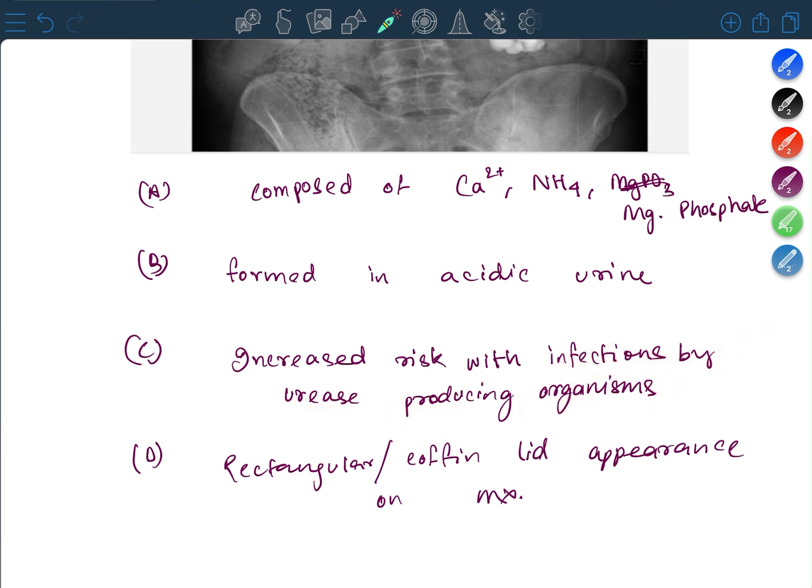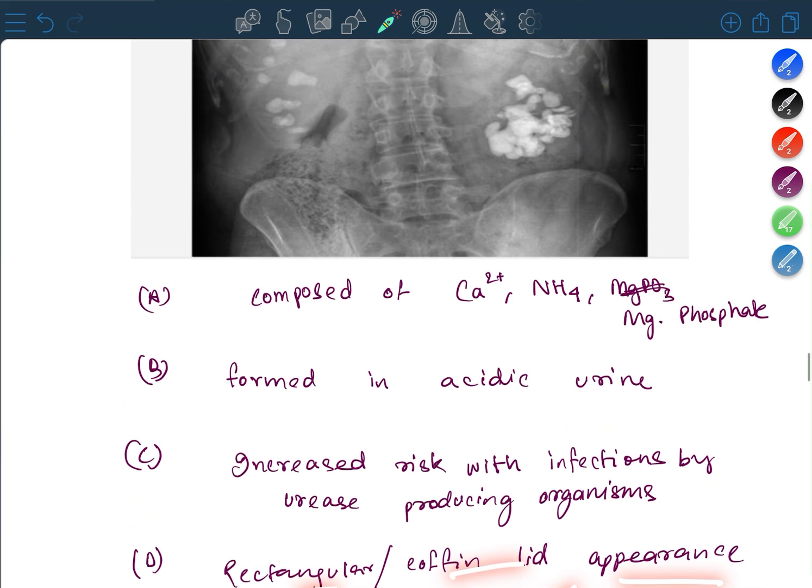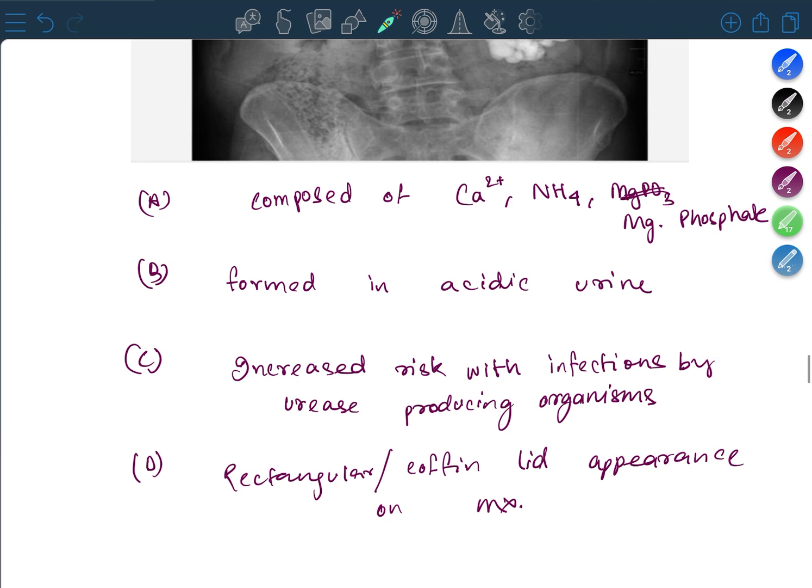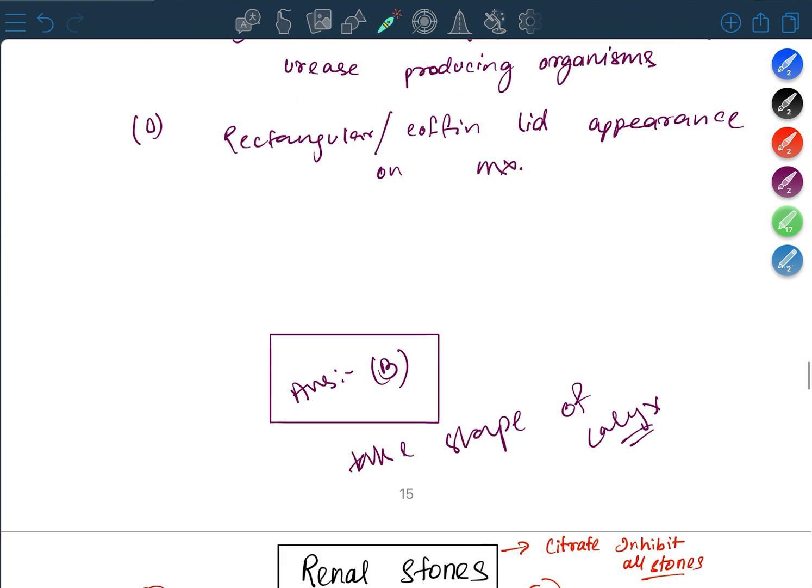They break down urea, so the alkaline concentration increases, so they are a risk factor. Rectangular coffin lid appearance under the microscope: yes, you will have this appearance. So this is the answer, answer B.